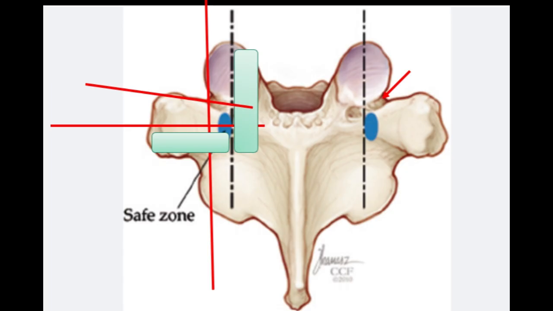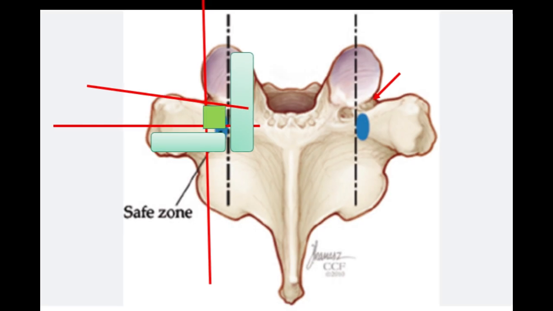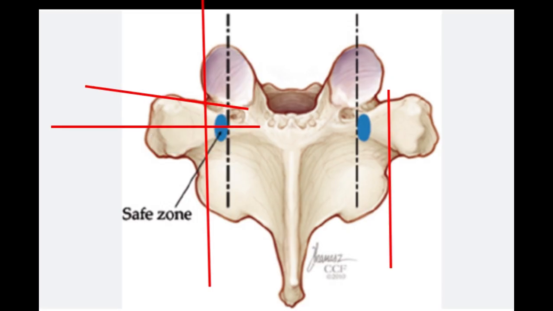Never too lateral on the transverse process unless you want an in-out screw, which is usually in concave pedicles that are small and sclerotic. Never too lateral to the level of the pars. The level of the pars can also be an important landmark. If your entry point is too lateral to the level of the pars, that is not going to be an ideal entry point. Never too medial onto the lamina compared to the lateral border of the pars.